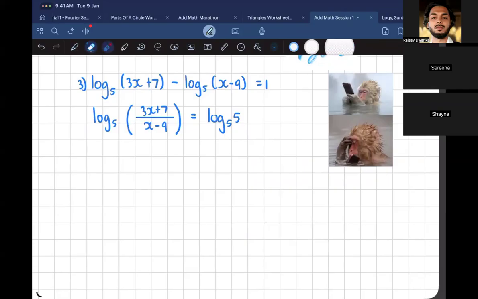Okay. Do we have a single log on both sides? Yes, sir. Right, so we could drop the logs. If we drop the logs, we're going to end up with 3x plus 7 all over x minus 9. And that's going to be equal to what?